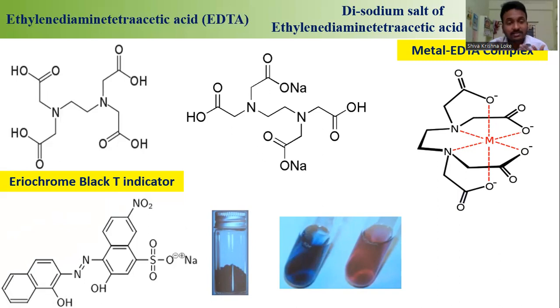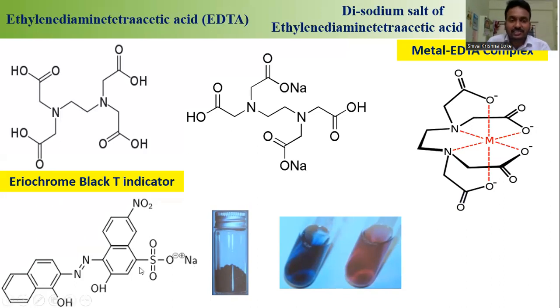Another good thing is this Eriochrome Black T is a strong complexing agent. So it will make complexes with given metal ions. Like in a hard water sample, we generally have calcium and magnesium ions. So this Eriochrome Black T will form complexes with calcium and magnesium, and it will appear brown red, like a wine red color.